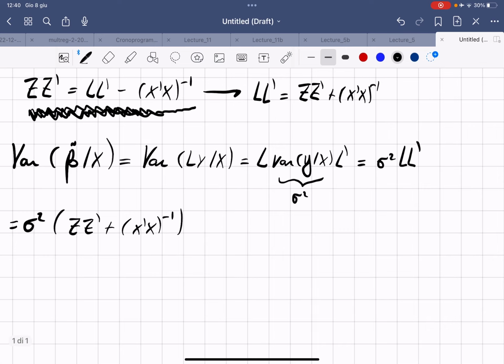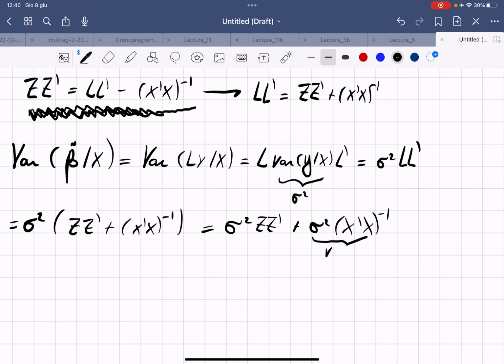And finally, we have that the variance of beta tilde is equal to sigma squared times Z Z transpose plus sigma squared times X transpose X inverse. And what is that?